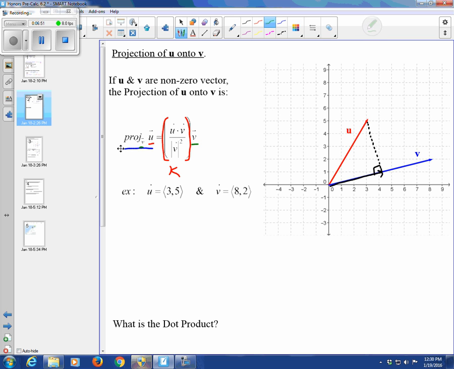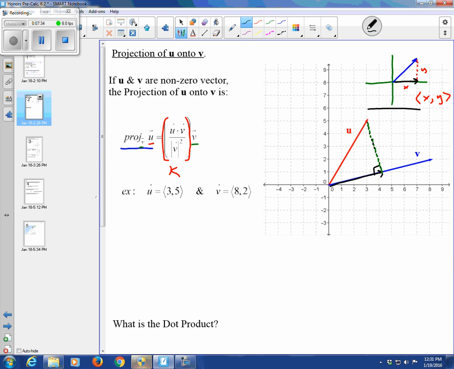Now, if we are thinking about a vector with standard representation, extending from the origin, we can see the horizontal component as the x value and the vertical component as the y value. So by dropping this perpendicular from u onto v, we're seeing how much of u is going in the v direction, just like we're seeing how much of this blue vector up here is going in the horizontal direction.